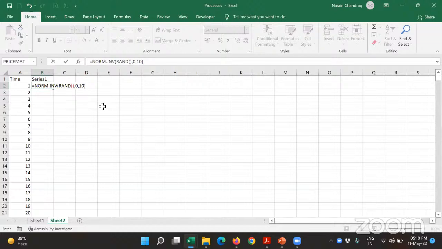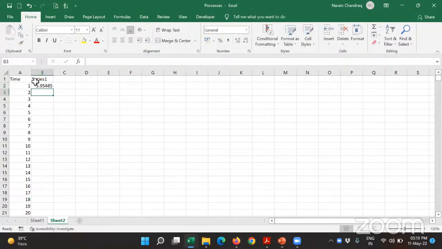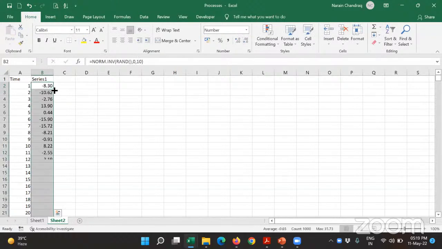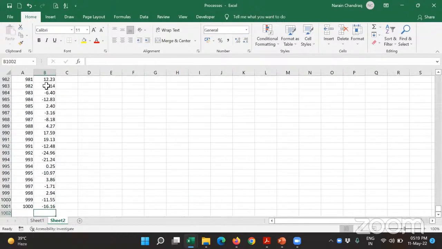I get something like 5.95, and I just drag it, so I have some of these random variables being generated.